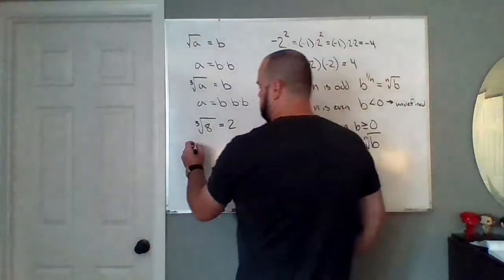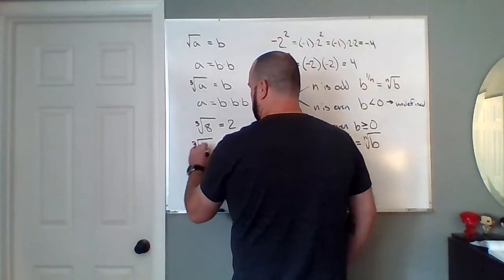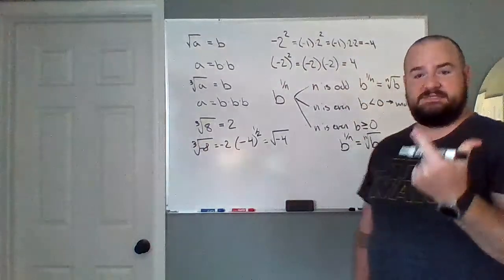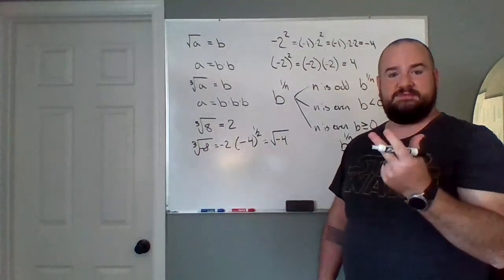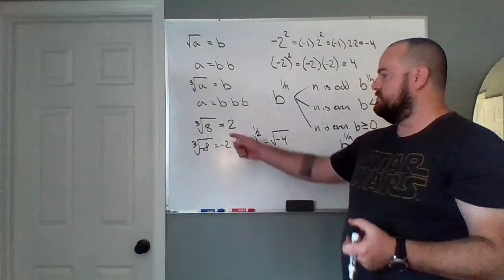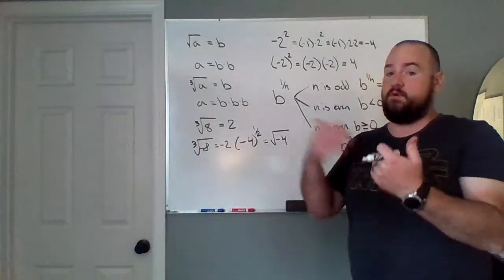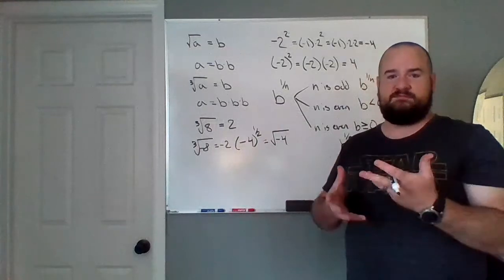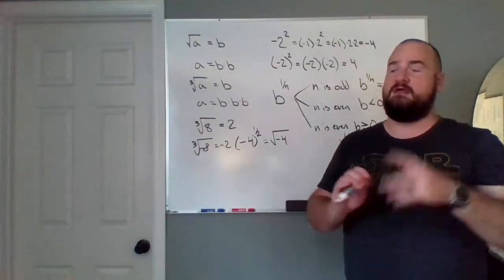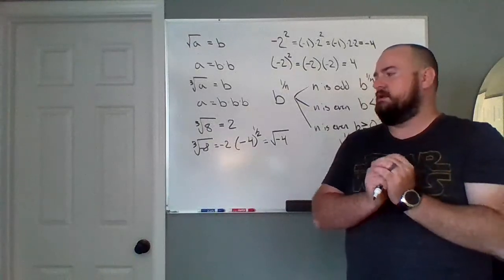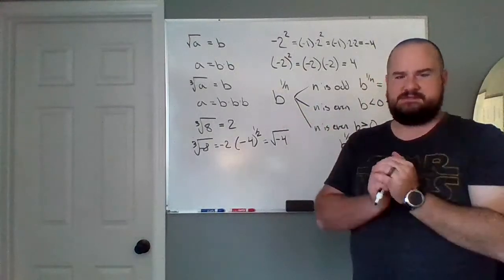And fun fact, the cube root of negative 8 is negative 2, because negative 2 times negative 2 is 4, times negative 2 is negative 8. So unlike, say, the square root of 4, which could be 2 or negative 2, right? If you remember back when you solved these equations in the past, you had plus or minus 2. If you've never done that before, we'll do that in this class.